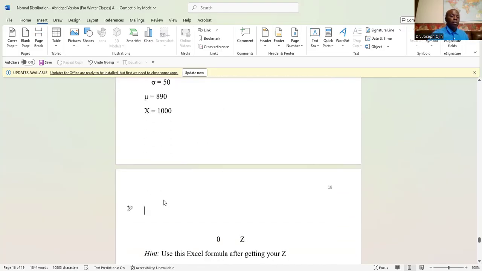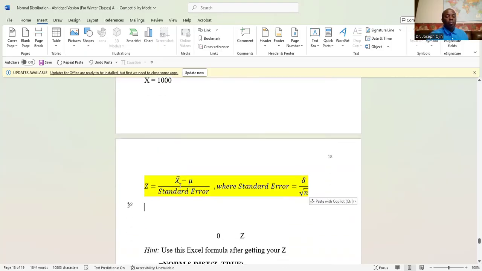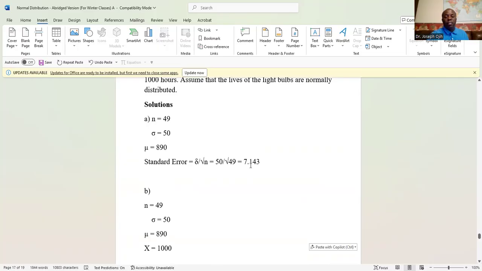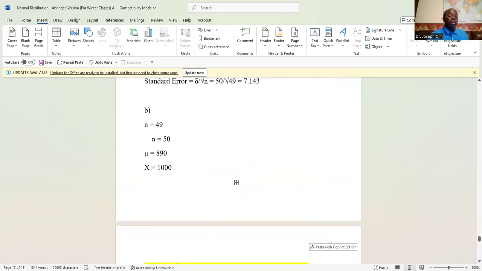And paste it here so you can use it. Sample mean minus population mean divided by standard error. We have the standard error calculated already as 7.143. We don't use that.